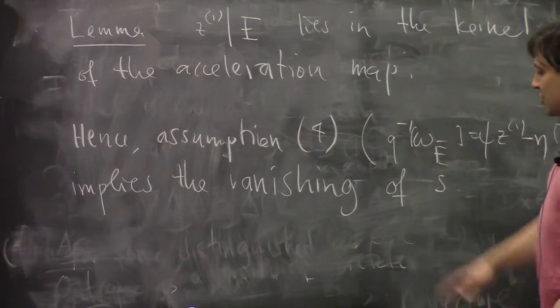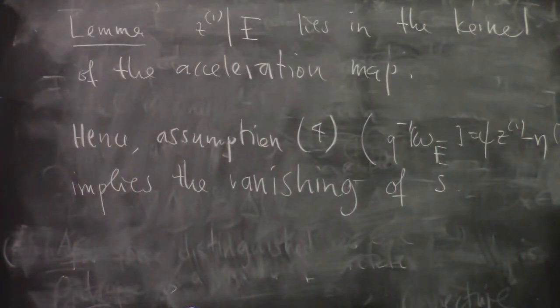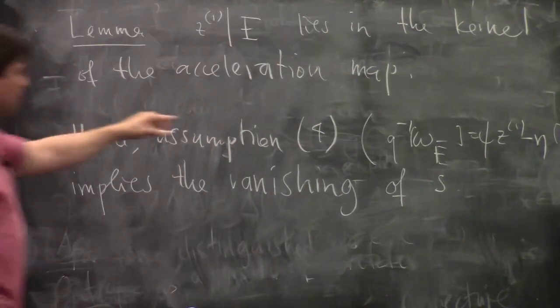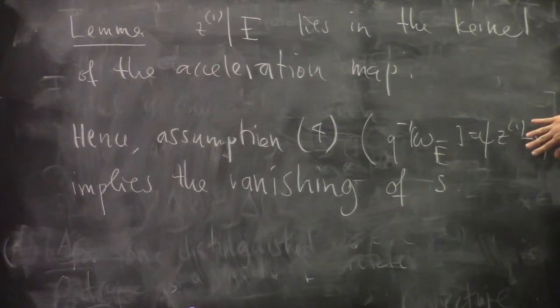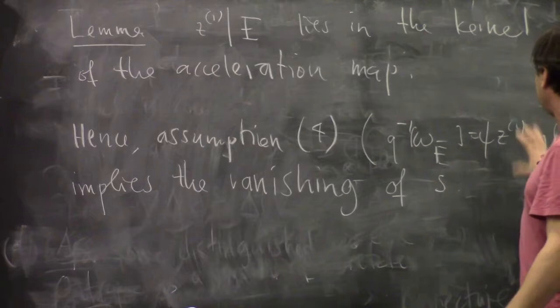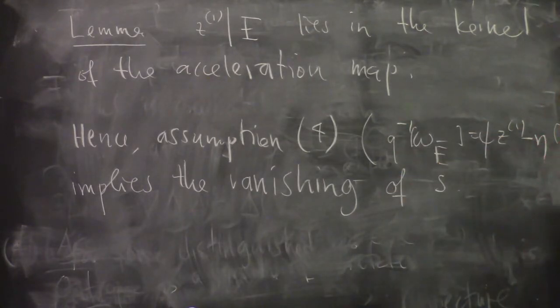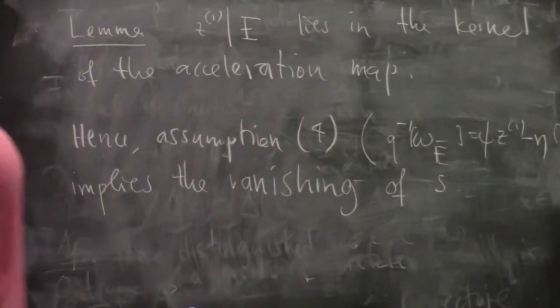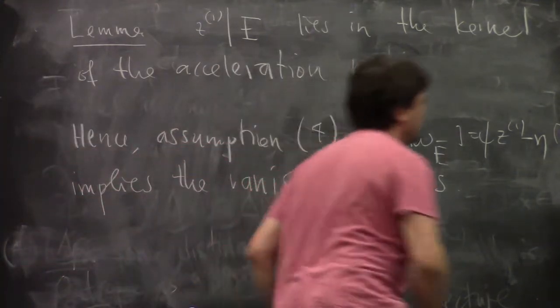So this condition that I put into this theory abstractly holds in this case. If this assumption is satisfied, if you take this guy here and you restrict it to E, this term will go away. Psi is non-zero, you divide out, and it turns out that this guy here must be in the kernel of the acceleration. So this implies this. This means that now you can get a connection on symplectic cohomology in the Q direction. And you can look at various things, and I probably ran out of time.